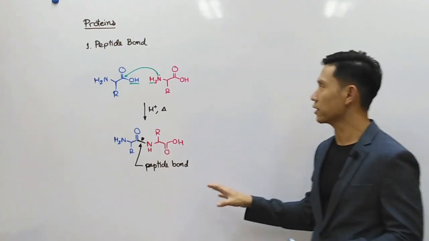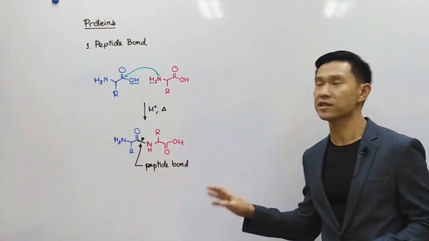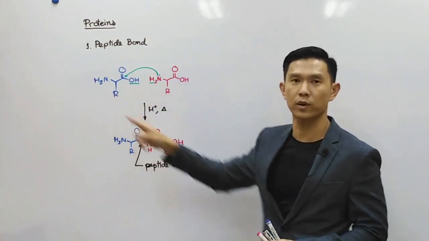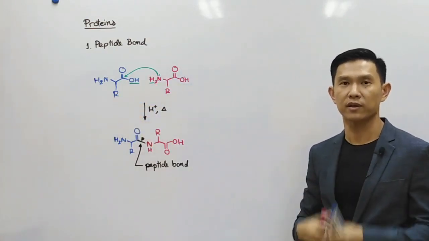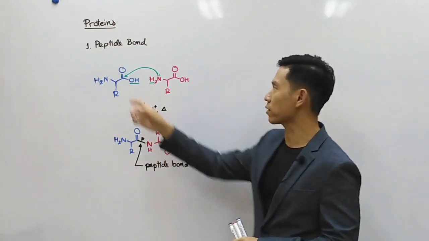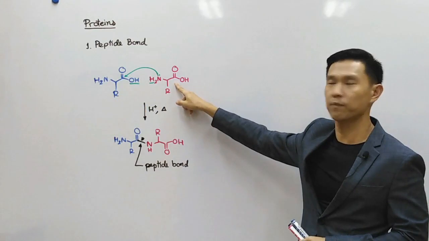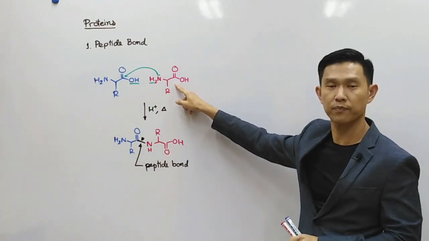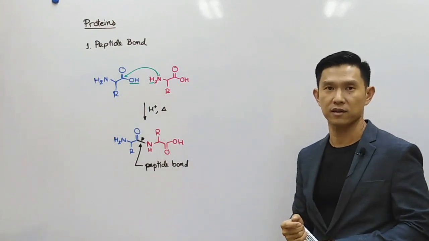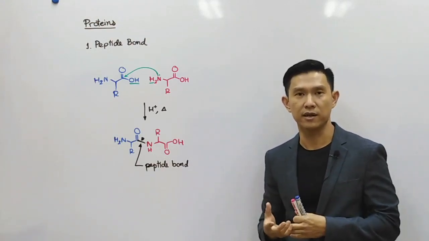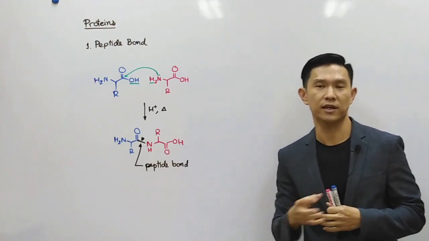In this reaction, as you may see, I start with the N of pink condensed with the carbonyl of blue. But on the other hand, I can start from the N of blue and connect with the carbonyl of pink as well. And more than that, because you just mix them together, it's not necessary that pink has to condense with blue.